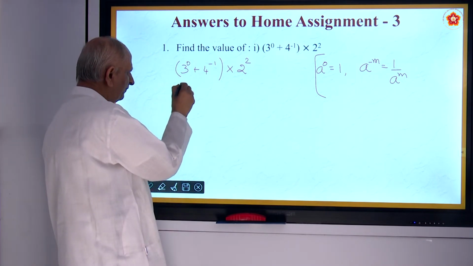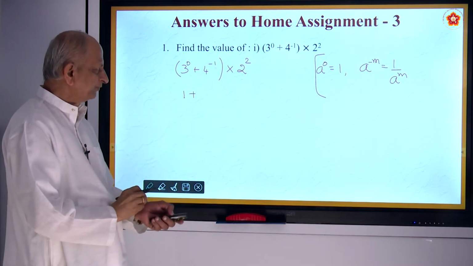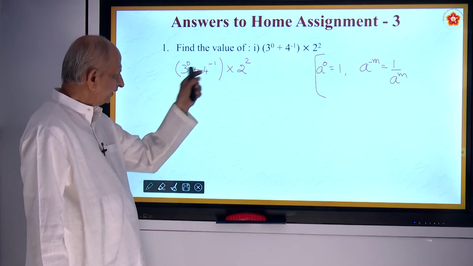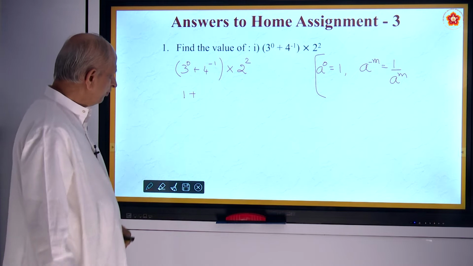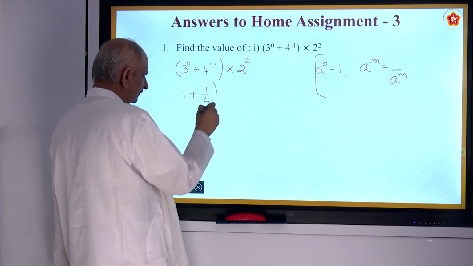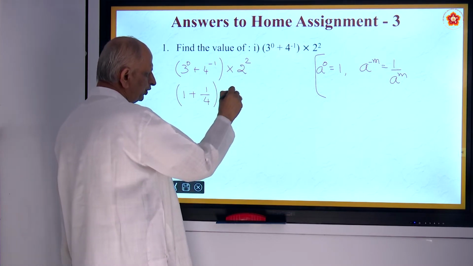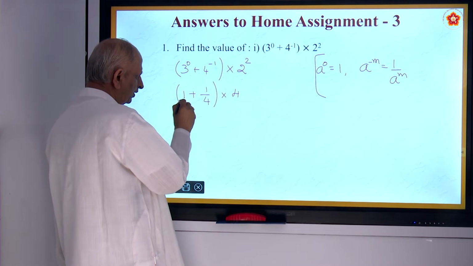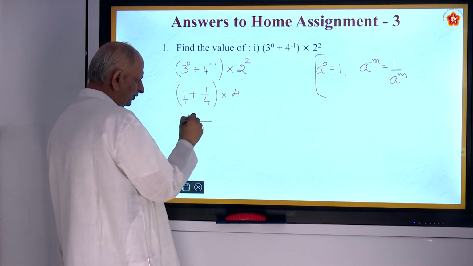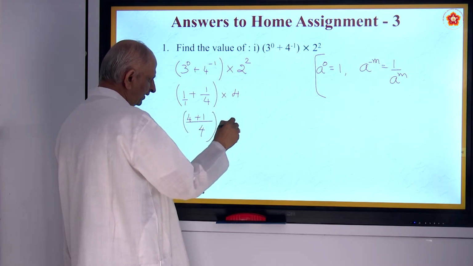So then it becomes 1, right? What about this? 4 to the power of minus 1. So a is 4 here, m is 1 here. So 4 to the power of minus 1 means 1 by 4 into what is 2 square? 2 into 2, that is 4. How to add it? Take LCM. 4 ones are 4 plus 1 into 4, correct?